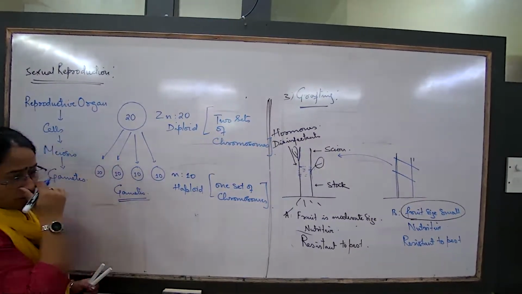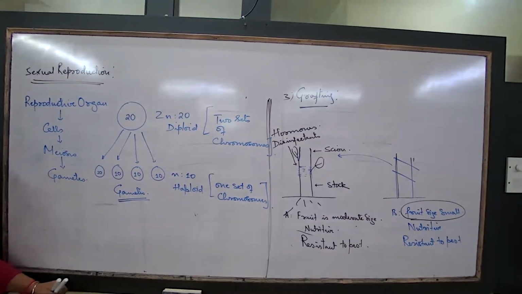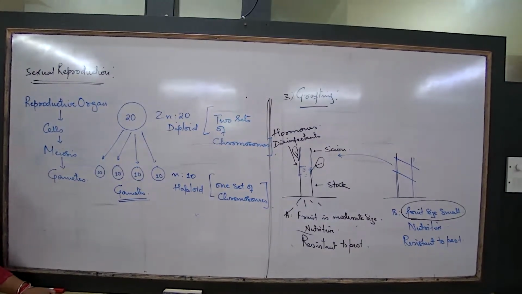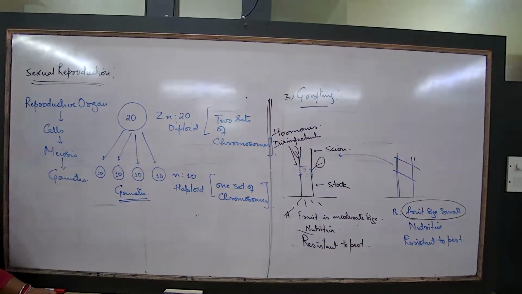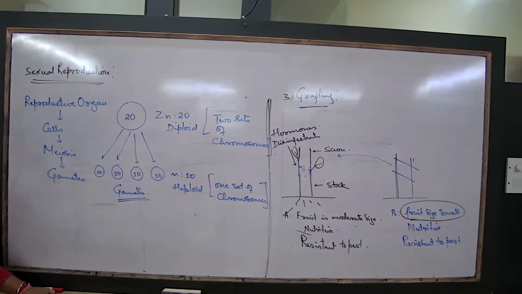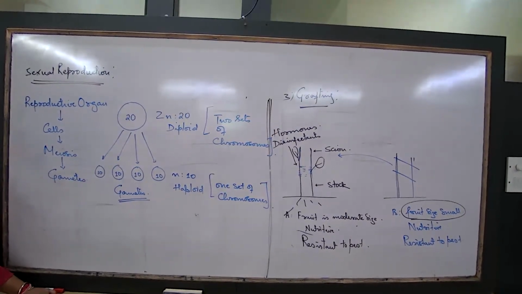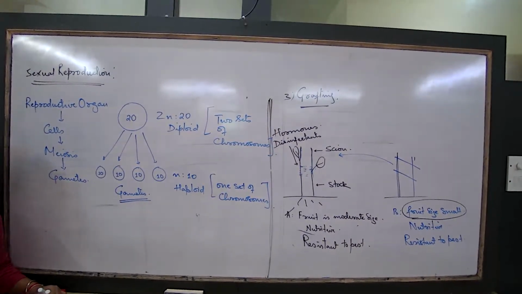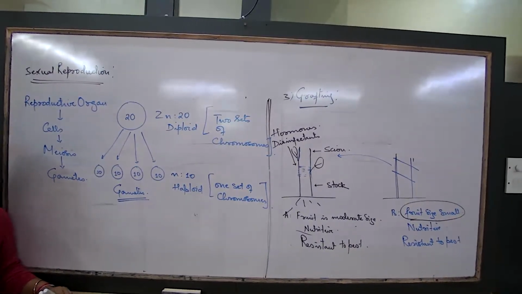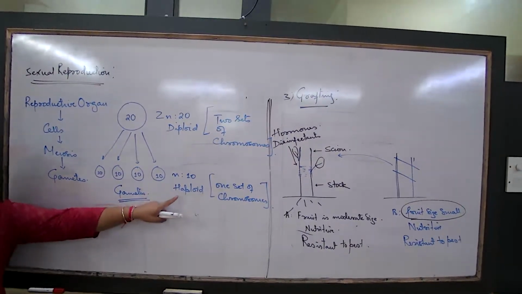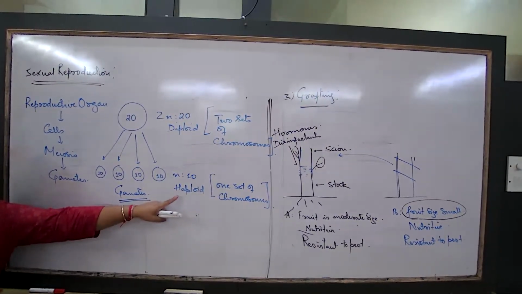Since we are to talk about the concept of sexual reproduction and gametes, now we understand: how are gametes formed? By the method of meiosis. What are gametes? Gametes are reproductive cells with haploid chromosome number.